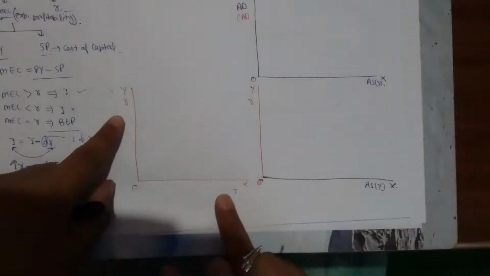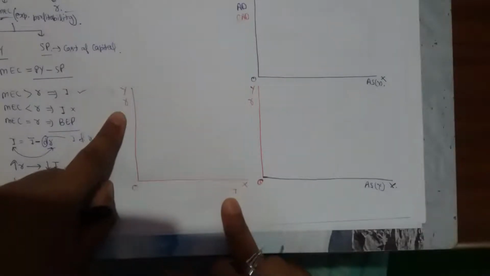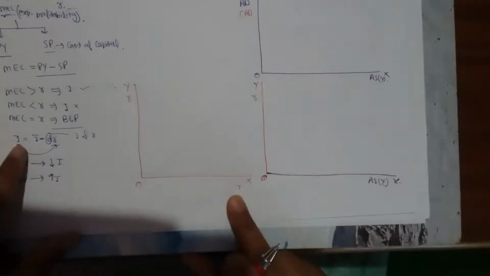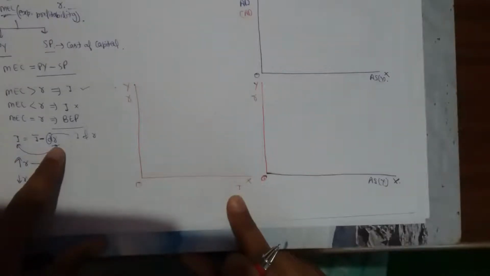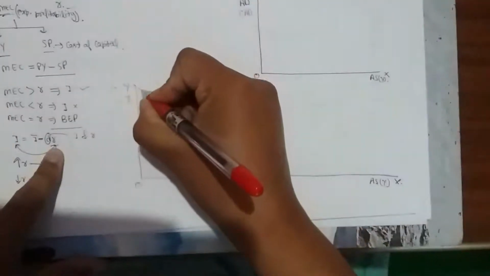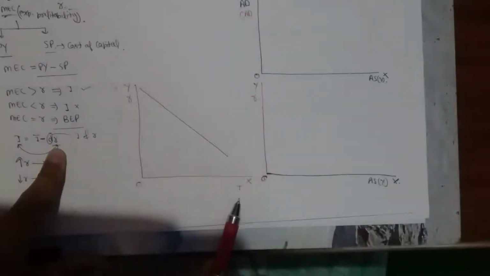This diagram shows the relationship between rate of interest and investment. We have already seen that the relationship between investment and rate of interest is negative, so we will draw a line. This shows the negative relationship between rate of interest and investment.